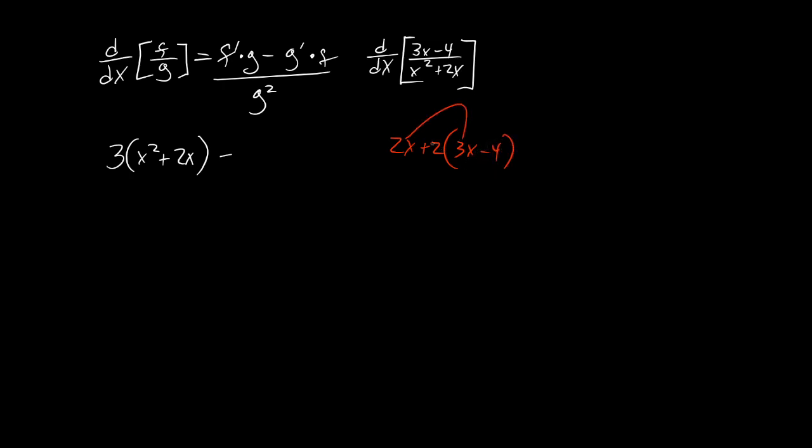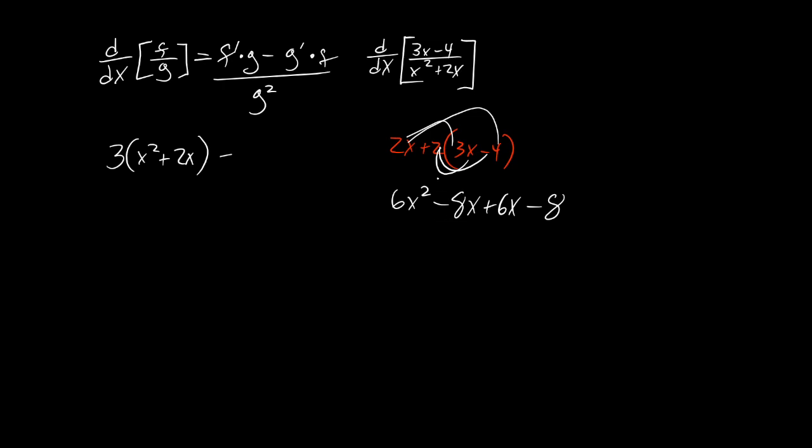Now, let's distribute, or FOIL, or whatever it's called, I don't know. 2x multiplied by 3x is going to be 6x to the power of 2, and we get 2x multiplied by negative 4, which is negative 8x, positive 2 multiplied by 3x is going to be positive 6x, and then 2 times negative 4 is negative 8.